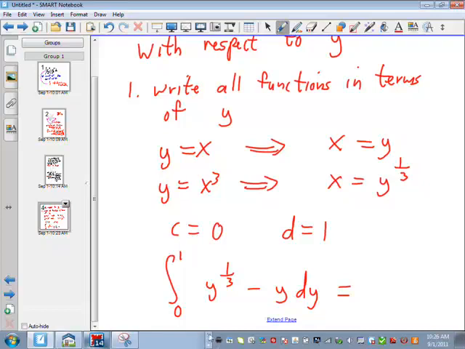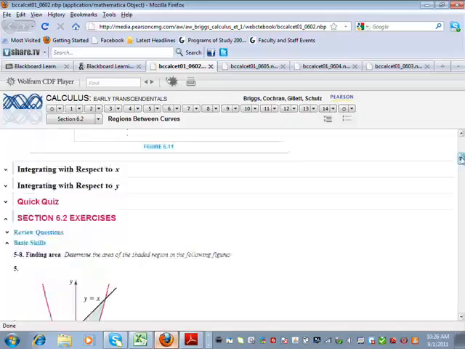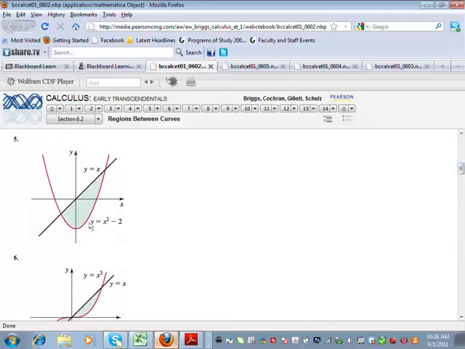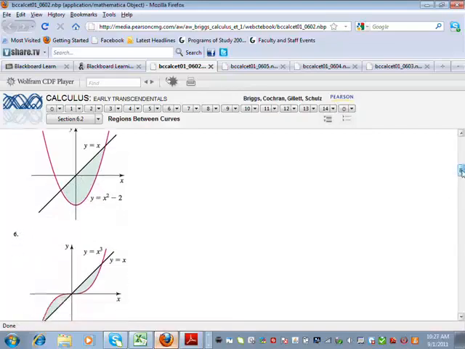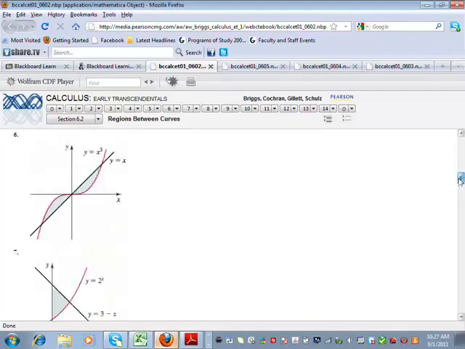In the previous problem, going from left to right with respect to y becomes really difficult, so we wouldn't even do it with respect to y. That's because x squared minus 2 is not one to one. Let's just say x squared minus 2 is not strictly increasing.